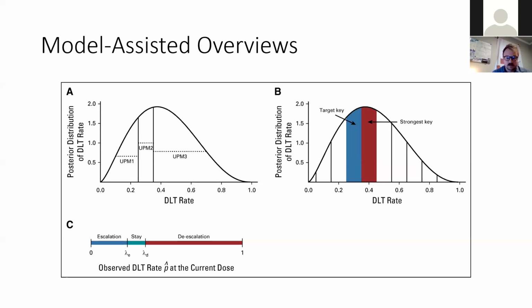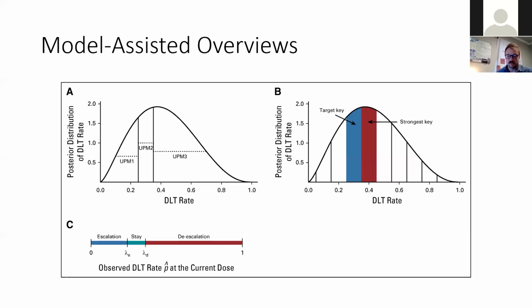So basically what we're going to do is treat the first cohort of patients at the lowest dose, or whatever the clinician specified as the starting dose. We're going to assign the dose to the next cohort of patients on the basis of whether that calculated DLT rate is less than the pre-specified boundary or greater than it. And if it's falling in between them, we're going to stay.